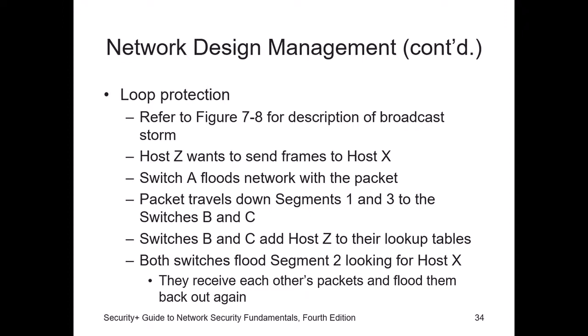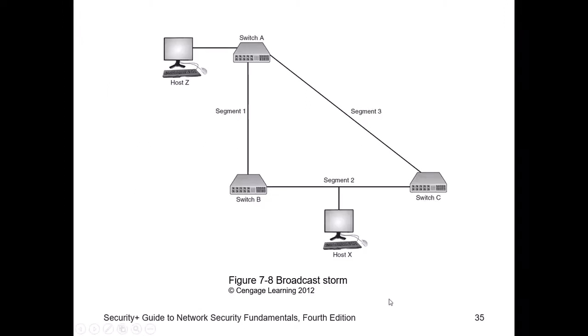That means frames are going to go back and forth between the switches, and a broadcast storm sometimes occurs. What happens is the system fails. The switches won't be able to service anyone if it goes into a loop because of that redundant link.